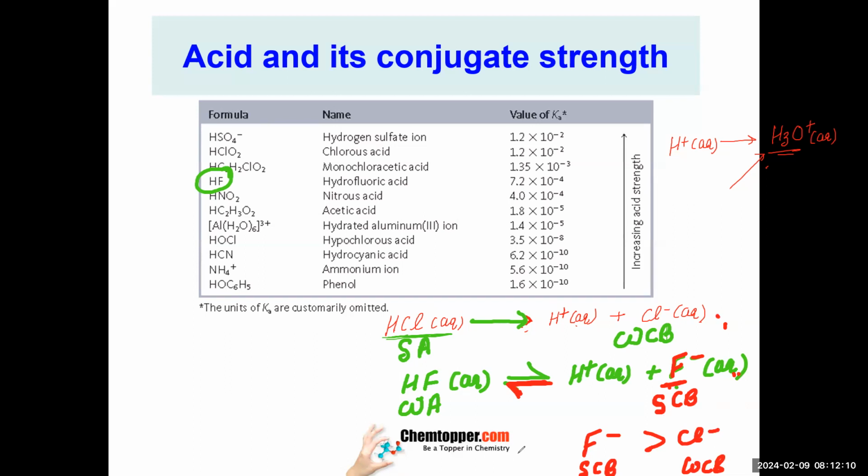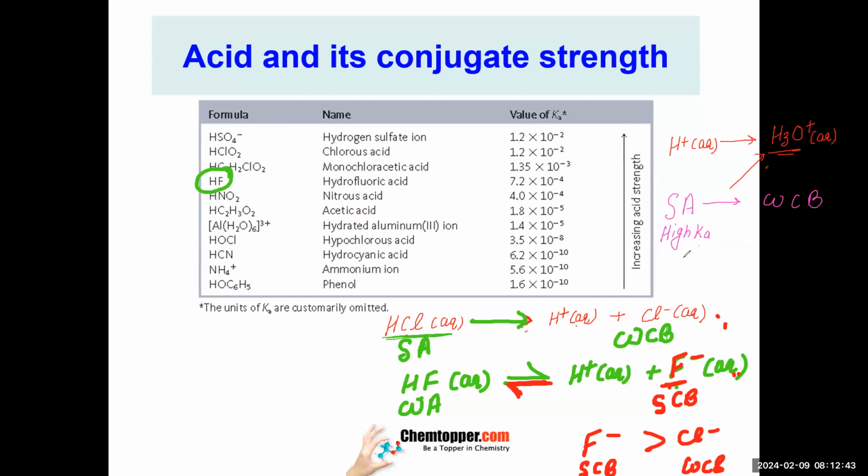Are we understanding this? So let's make it like a statement. If there is a strong acid, SA means strong acid, with high Ka value, then you get a weak conjugate base.